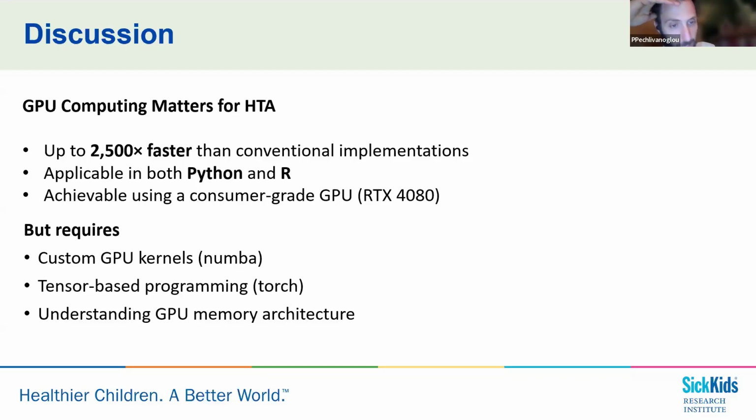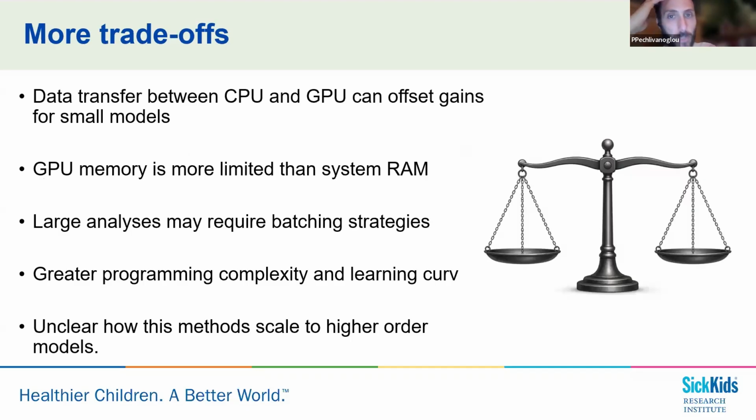And as with a lot of different things in computer programming, you have to understand what makes your GPU use efficiently the architecture and its memory. Data transfer between CPU and GPU can offset gains for small models, so you have to really know when you're going to use it.